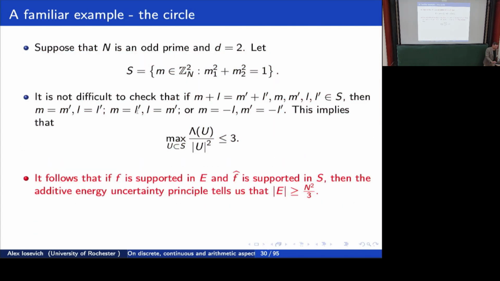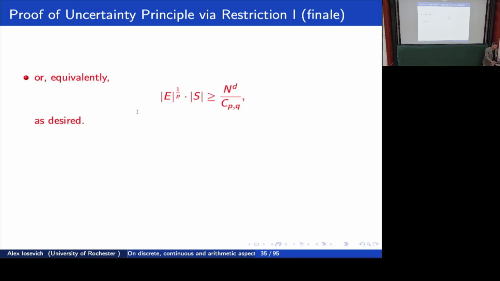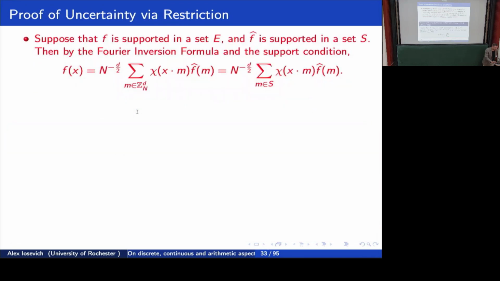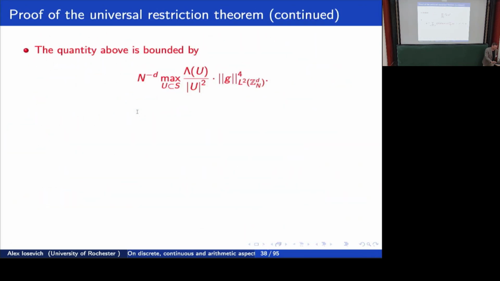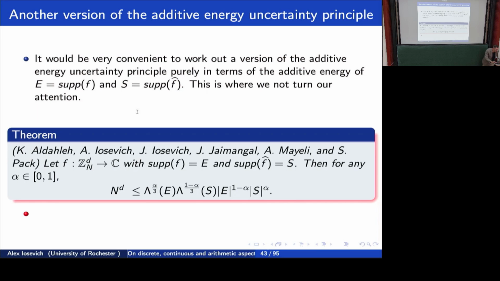But there's another version that we discussed, where all one needs to know is the additive energy of the support of the function and the additive energy of the support of the Fourier transform. So in that case, any improvement over the trivial estimate gives you a better uncertainty principle.